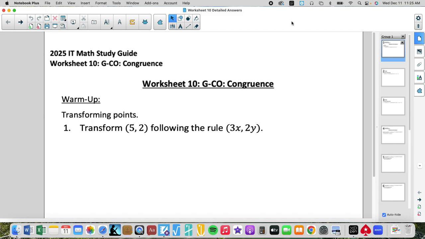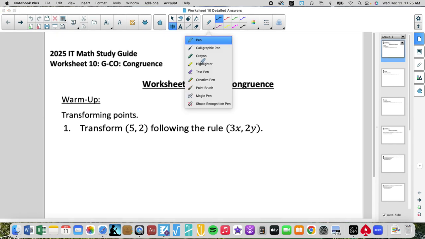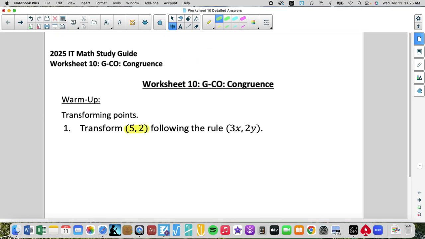So if we take this original point, this is our warm-up, and we transform it, meaning we apply this rule to my x value and we apply this rule to my y value, that will produce the transformed point.